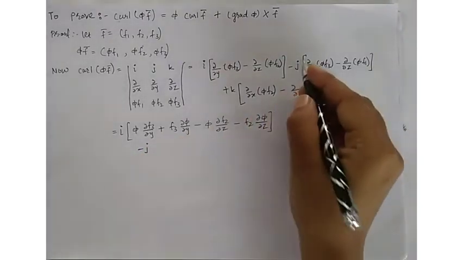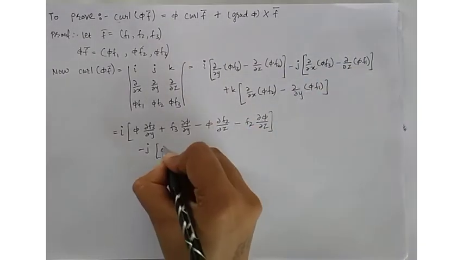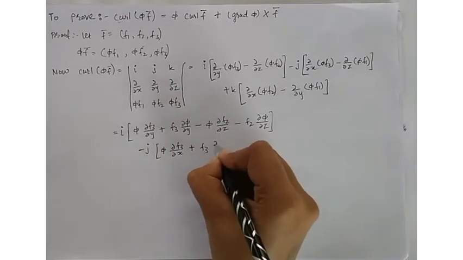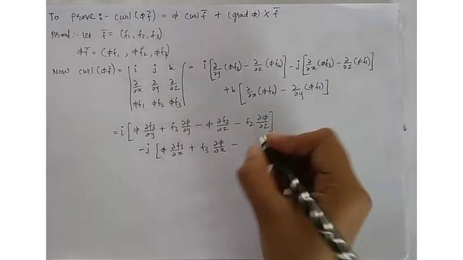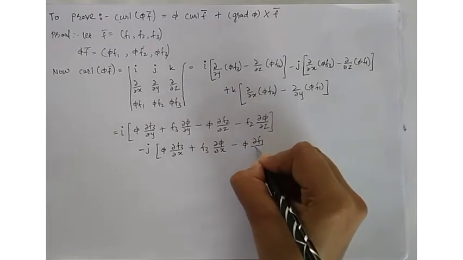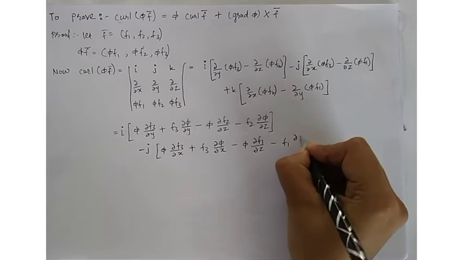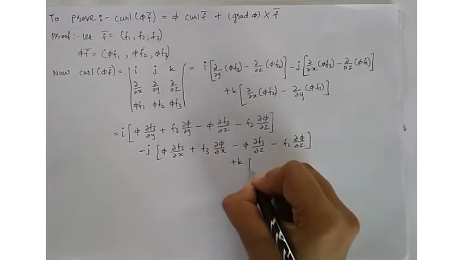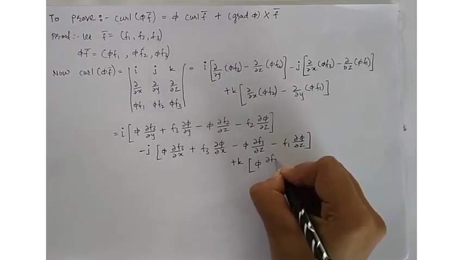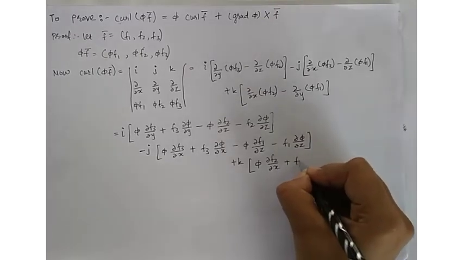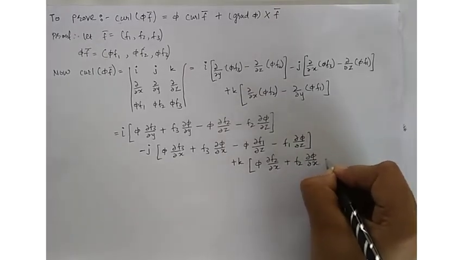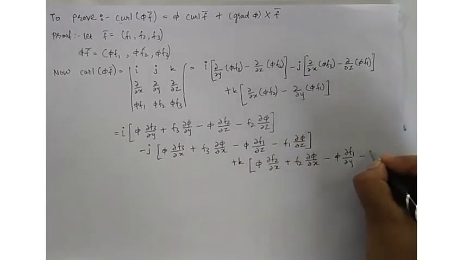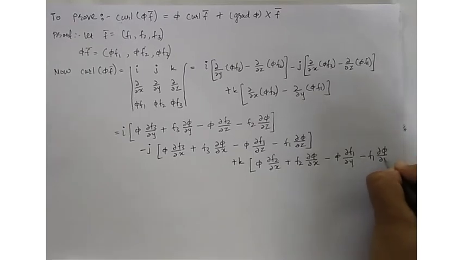Next component is minus j of φ as it is, del f3 by del x plus f3 as it is, del φ by del x, minus φ as it is, del f1 by del z, minus f1 as it is, del φ by del z. And the last component is plus k, φ as it is, del f2 by del x plus f2 as it is, del φ by del x, minus φ as it is, del f1 by del y, minus f1 as it is, del φ by del y.